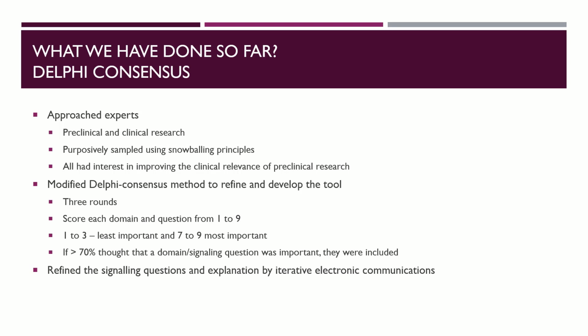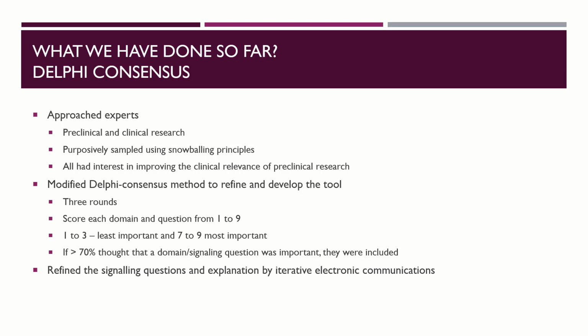We then approached experts. These are preclinical and clinical research experts, and we sampled them using snowballing principles. It is of note that all had interest in improving the clinical relevance of preclinical research. Then we conducted a modified Delphi consensus method to refine and develop the tool.